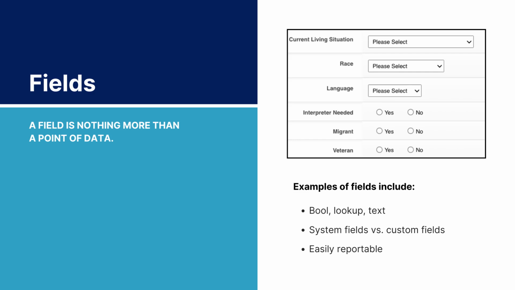Other common types of fields might be text fields or number fields or, let's see, date fields. So there's lots of types of fields. These are some of the more common ones. There are a lot of system fields already built into Legal Server. Many of the ones that we see here are system ones that already exist. Migrant is a custom field.